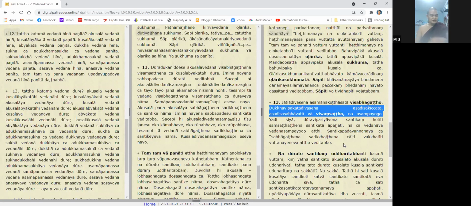Just because we haven't read that sentence yet. Imina niyena, in this way, sabha padesu, in all words, durata viditapa, the state of dura should be understood. I see. That's why adi needs to be taken as sabhawa, pogala, lokiya, lokuttara. Thank you, Sayadaw.